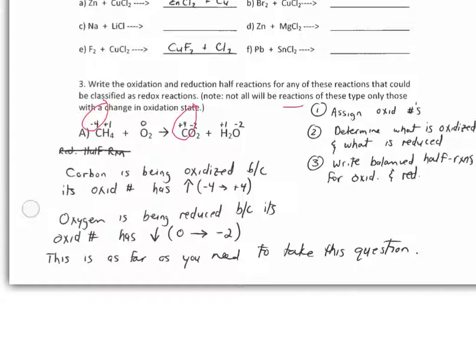That tells me that since the oxidation number has increased, i.e. gone from -4 to +4, carbon has been oxidized. That oxidation number has become more positive.